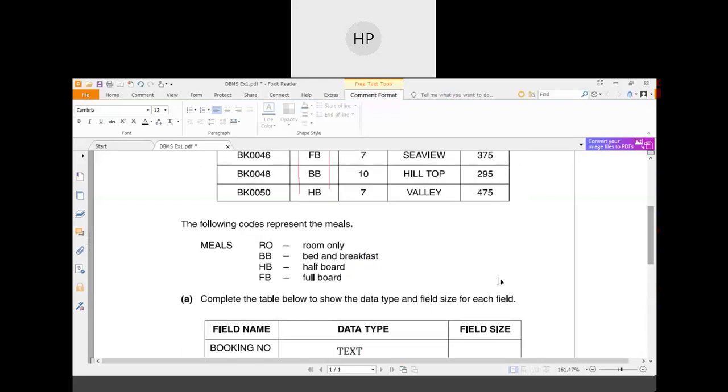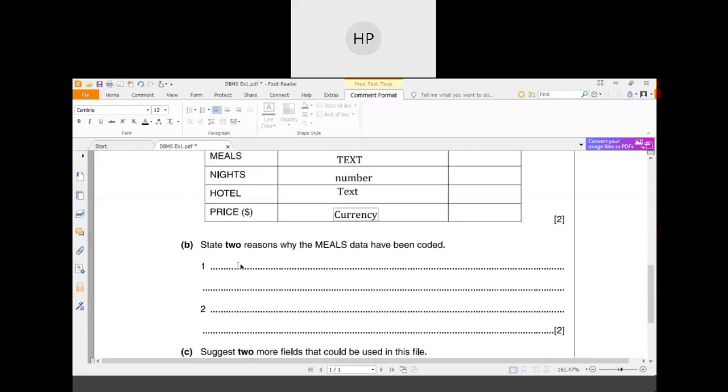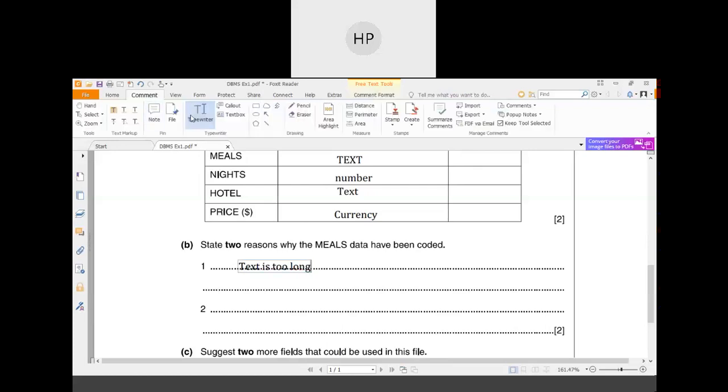That is why they have used coded text instead of the full name. That is one reason, because text is too long. Sir, can we also say that it will take up space, since the text is too long, that field will get a bit enlarged.